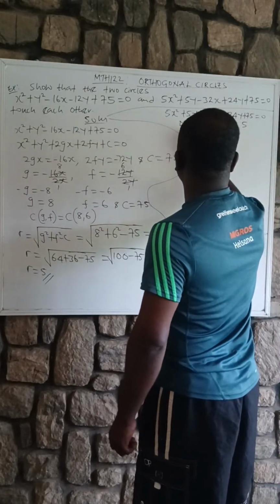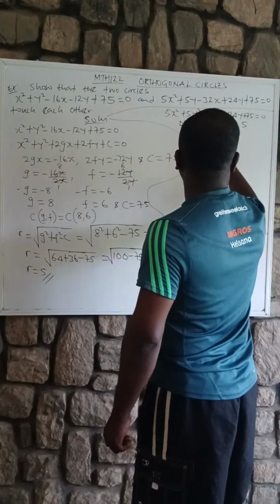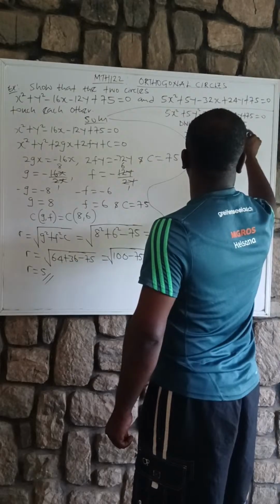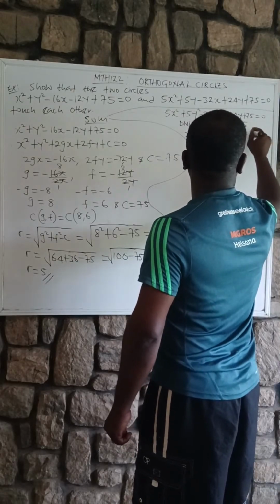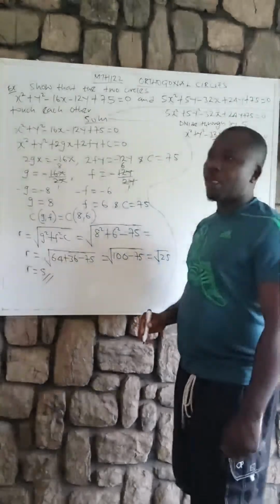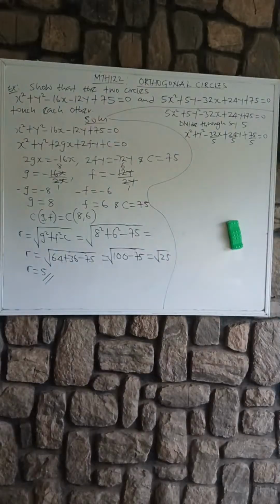So it means here will now be x squared plus y squared minus 32x all over 5 plus 24y all over 5 plus 75 all over 5 equals what? 0. Amen? Do you understand, right?